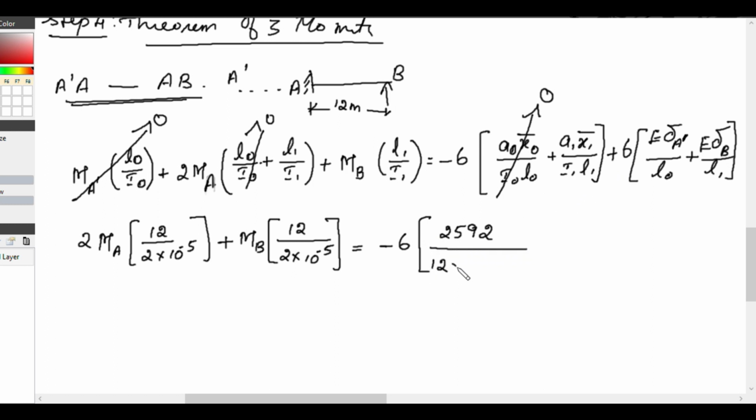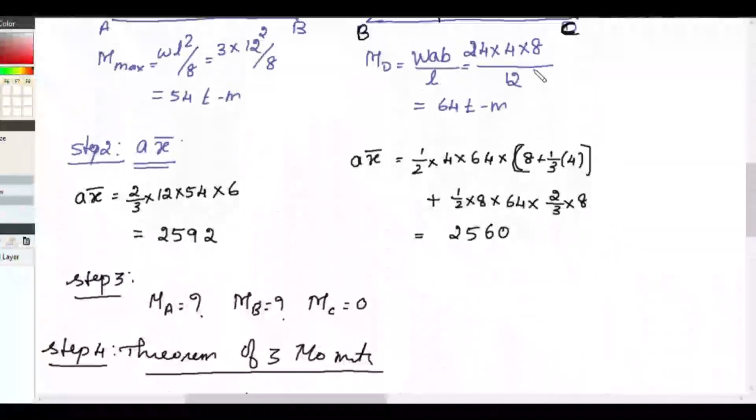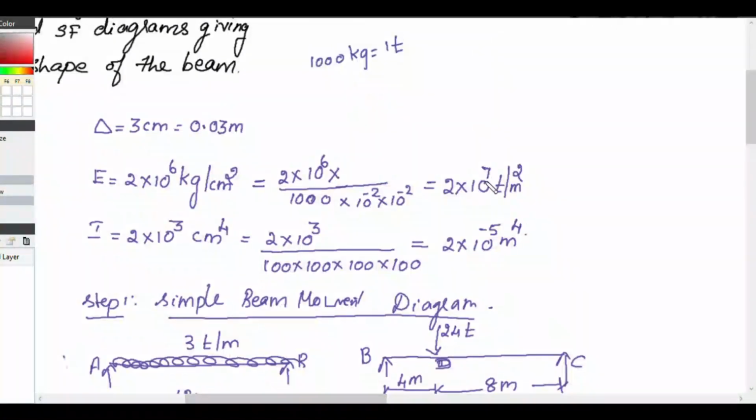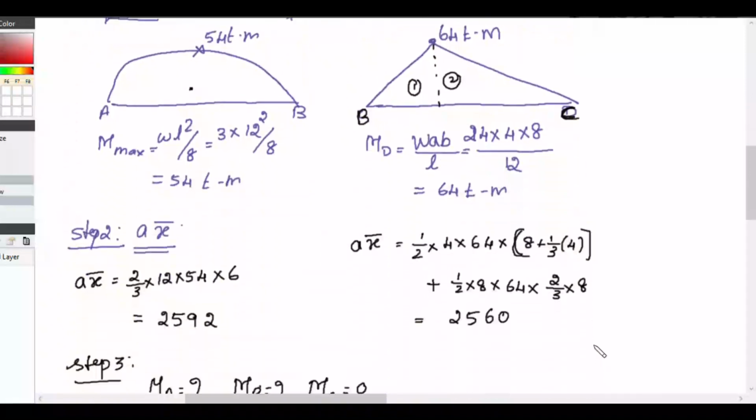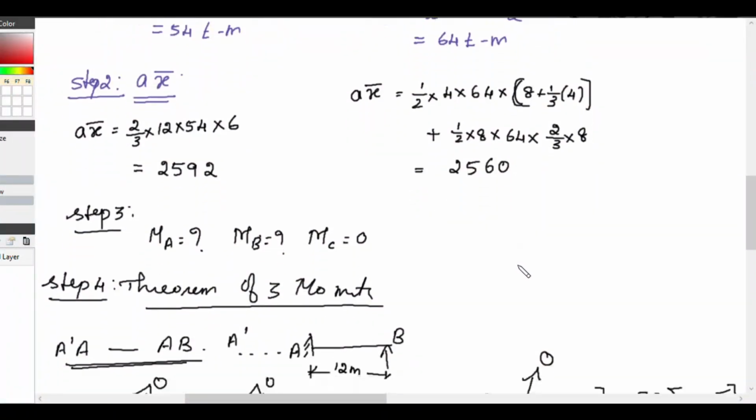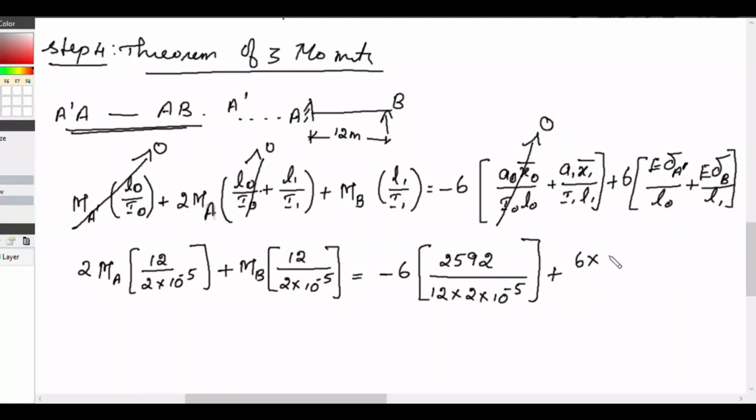L1 is 12, I1 is 2 into 10 raised to minus 5, plus 6 into, see E is common. The value for E is 2 into 10 raised to 7. So 6 into 2 into 10 raised to 7.